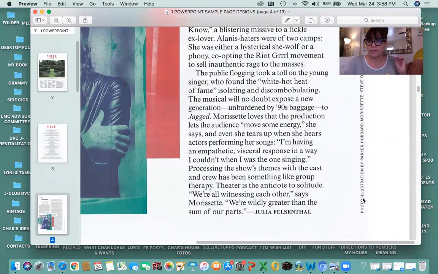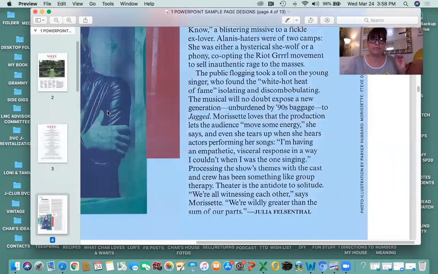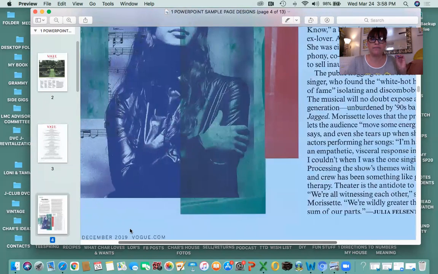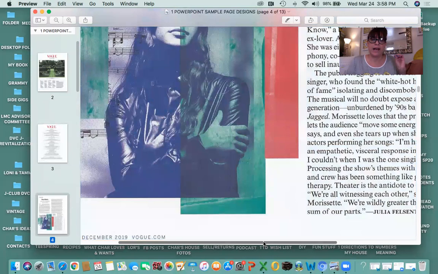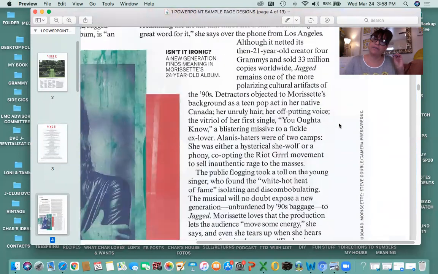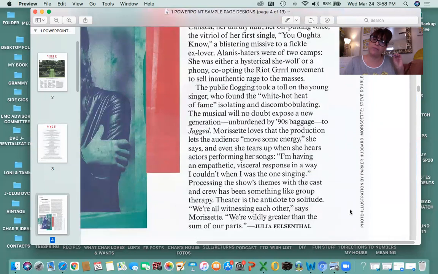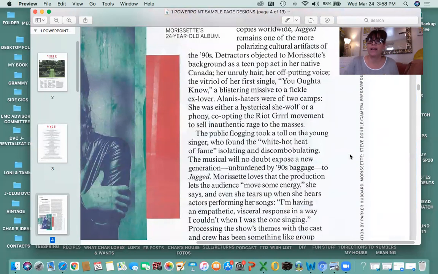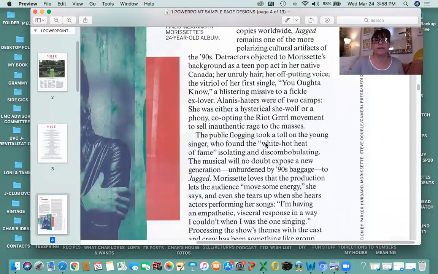This is the photo caption. So if you want, you can put your photo caption. The photo caption goes to this photo right here on the left. And they have on the right, horizontal, vertical, sprawling across, and they're giving the photo cut line. So the photo credit, photo is illustrated by Parker Hubbard. Okay, and then it gives some more information on that.